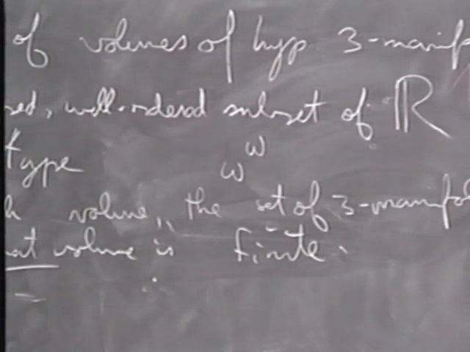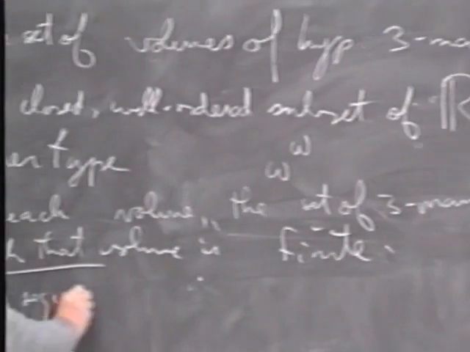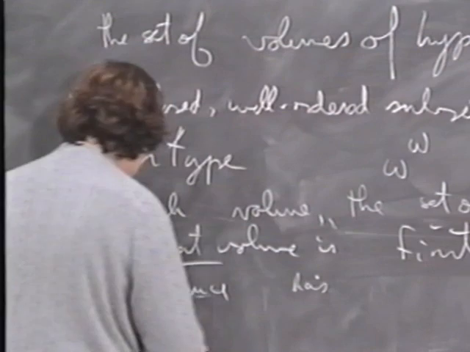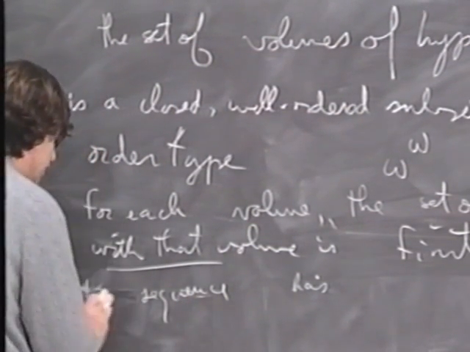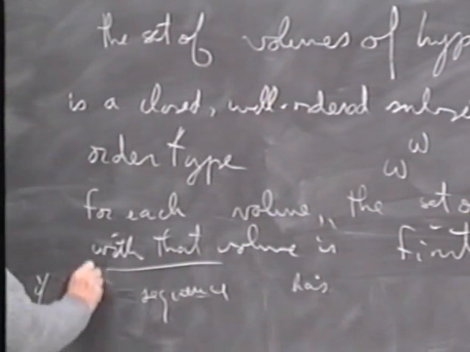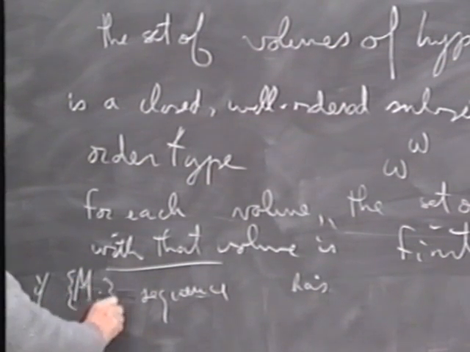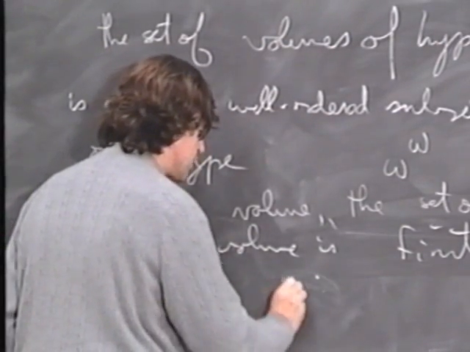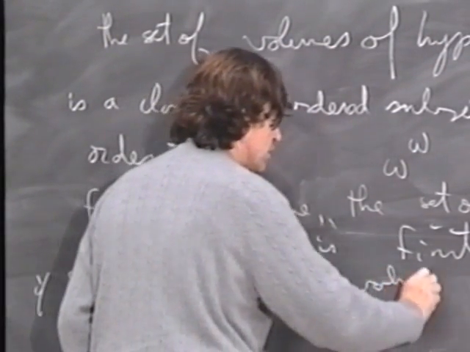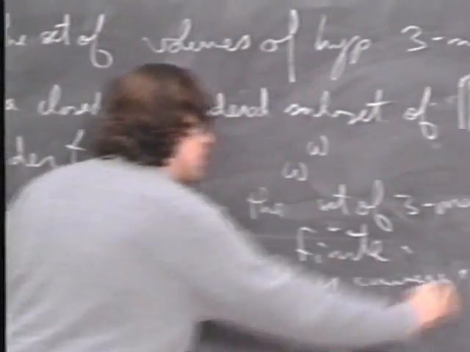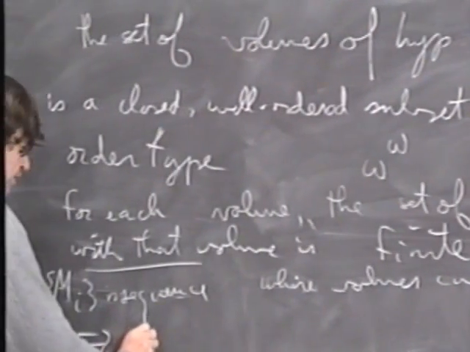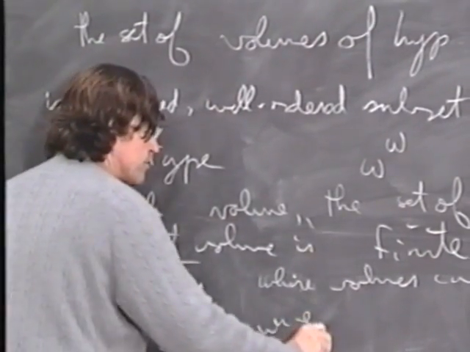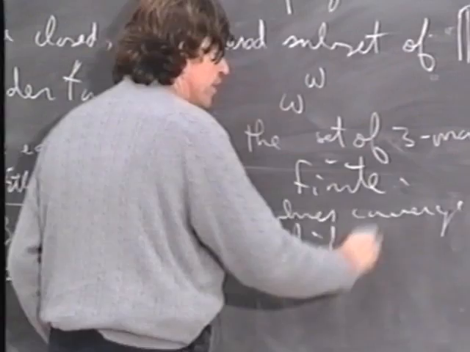Okay, so if M sub i is a sequence of 3-manifolds whose volumes converge, then there exists a subsequence which are exactly of this type.